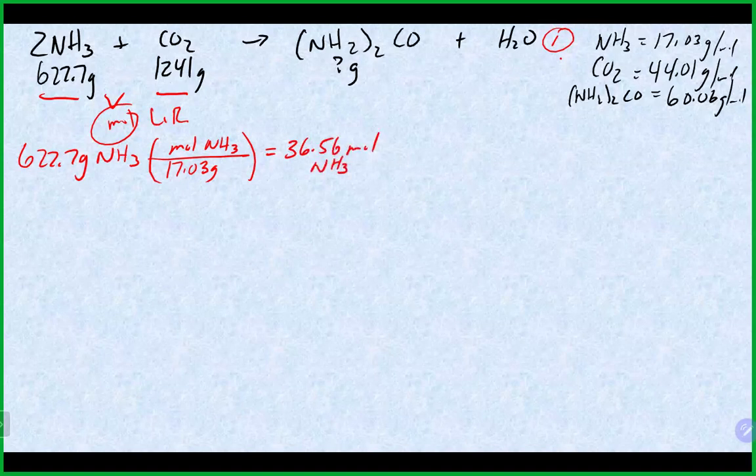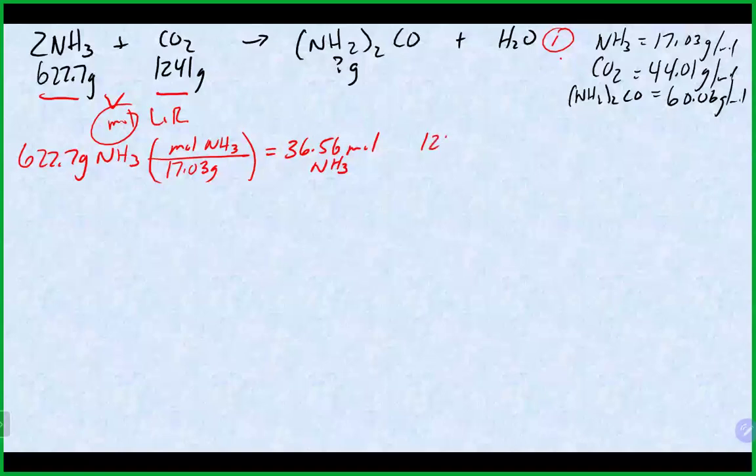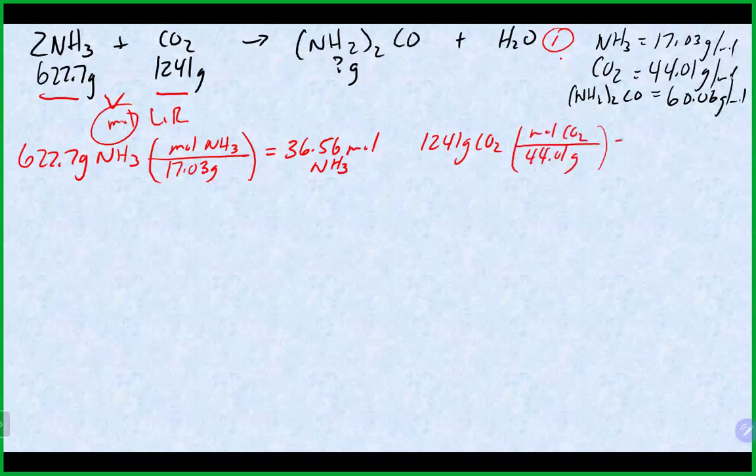We'll do the same type of calculation for our other reactant, using the molar mass that was given to us for CO2. That's going to get us 1241 divided by 44.01. It's like 28.20, we'll call it.